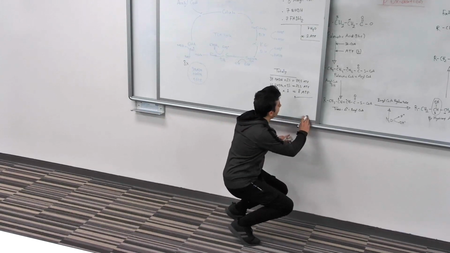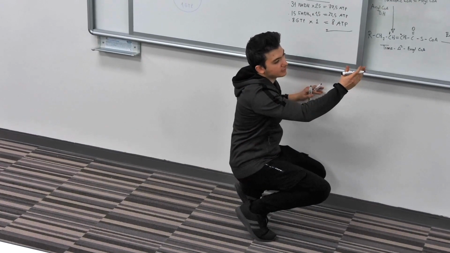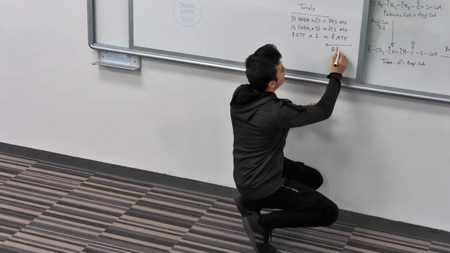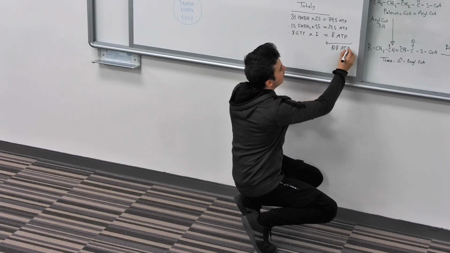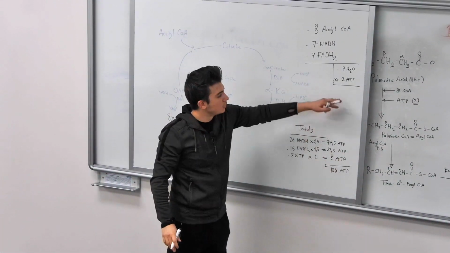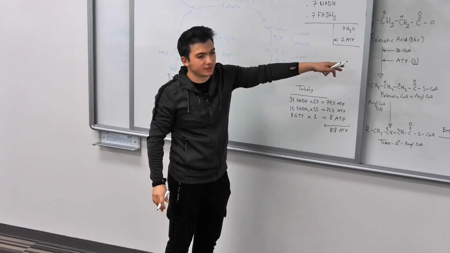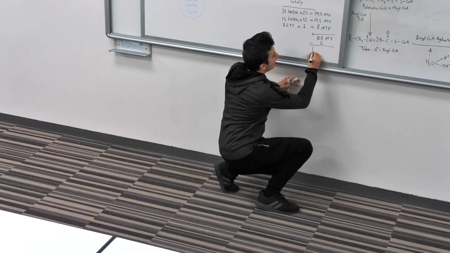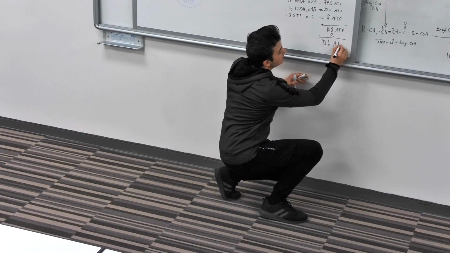I'm going to generate 108 ATP molecules just from this process. Okay? But 2 ATP I used in the beginning of this process. So minus 2, 106 ATP is left. Good.